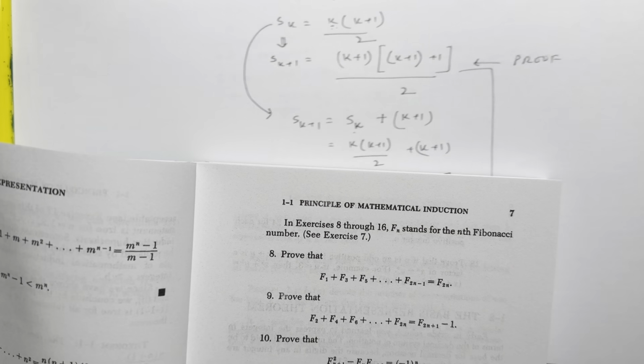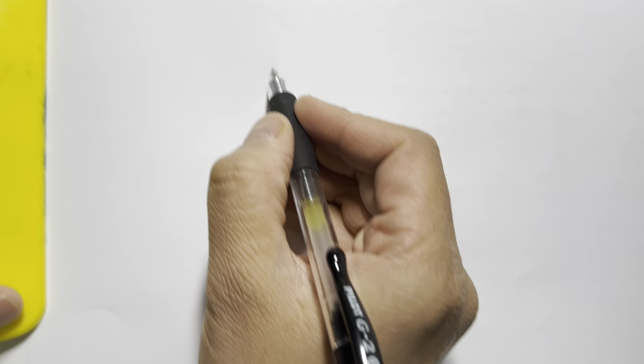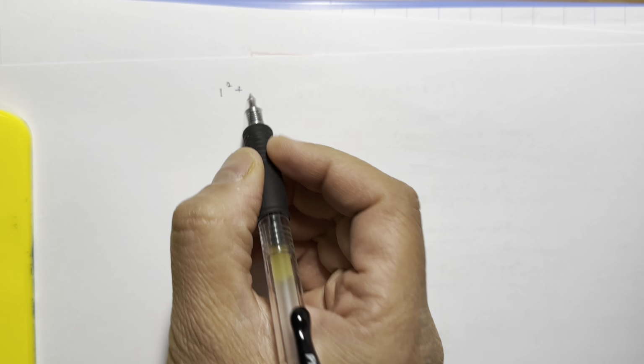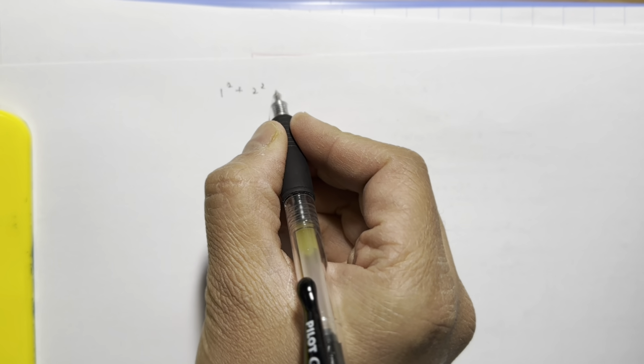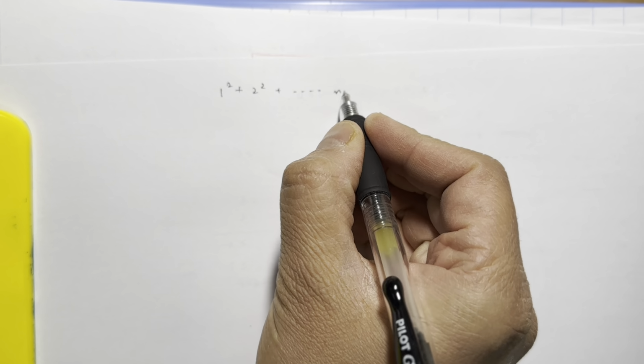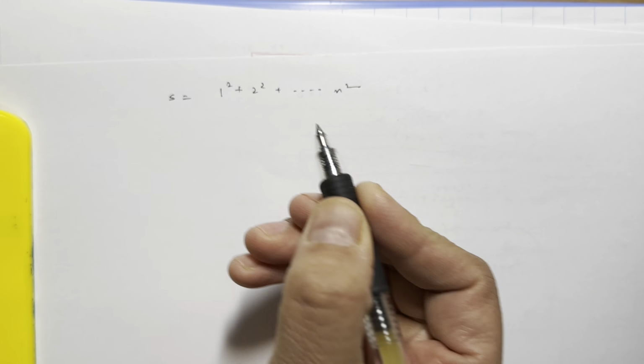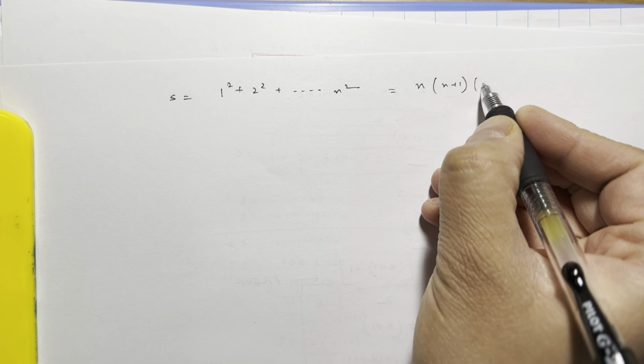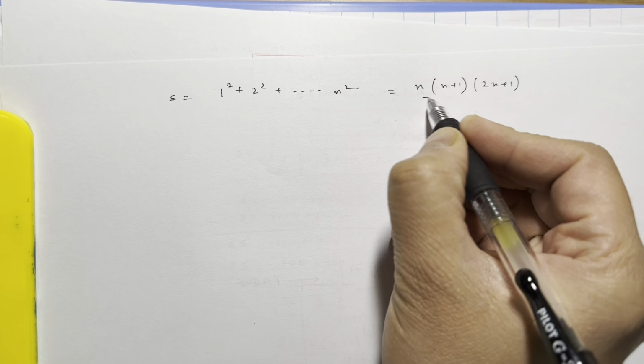So let's look at this question. We have 1 squared plus 2 squared up to n squared. So S is given by this, and the hypothesis, what we have to prove here, is n(n+1)(2n+1)/6.